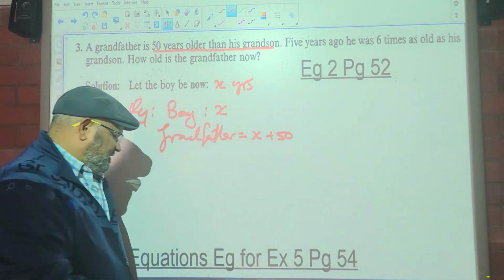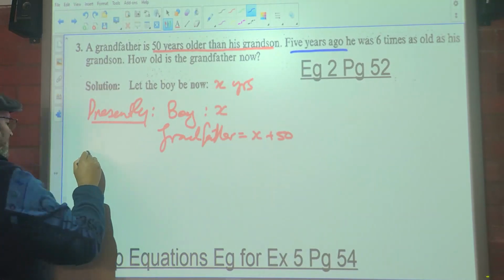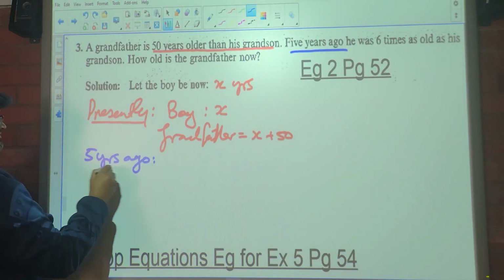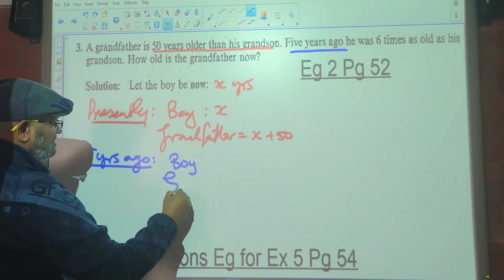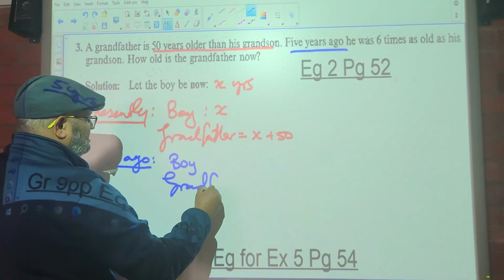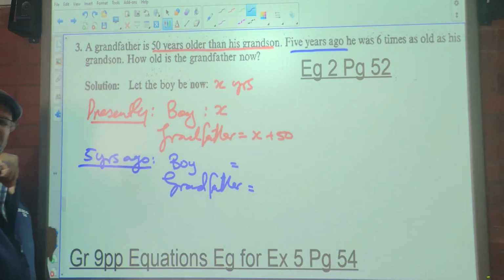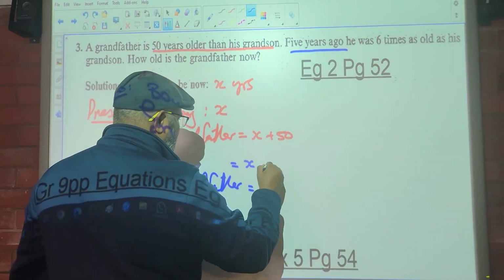Okay. Then it says, 5 years ago, the boy and the grandfather. So if the boy is currently 8 years old, how old would the boy have been 5 years ago? X minus 5.